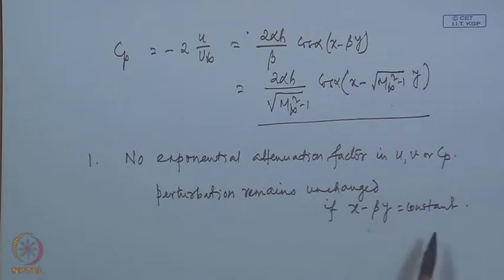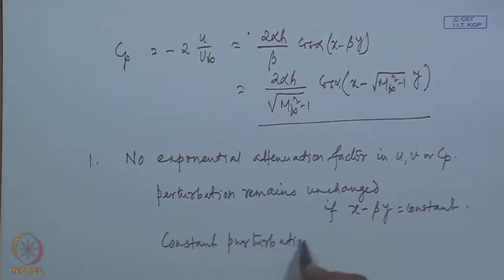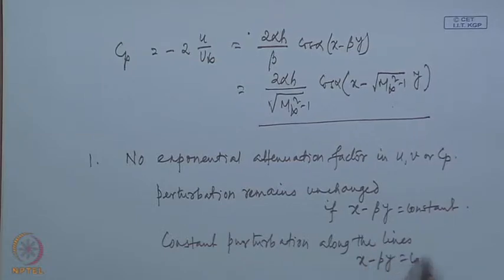Now, x minus beta y equal to constant is essentially a straight line in the x y plane. So, the perturbation is constant along the lines x minus beta y equal to constant.